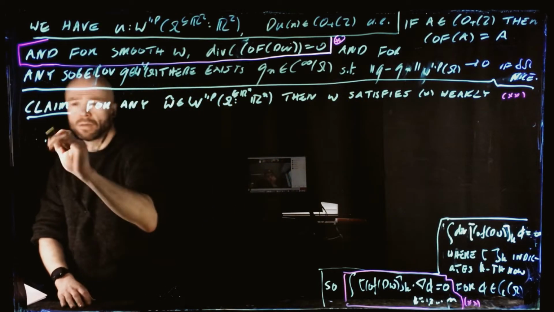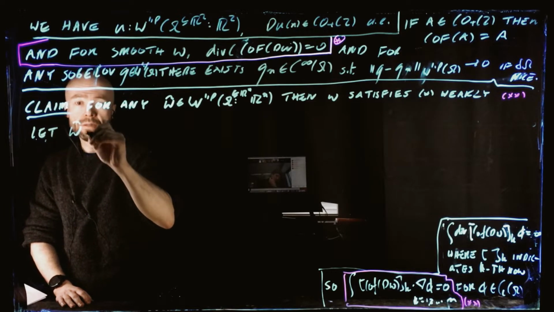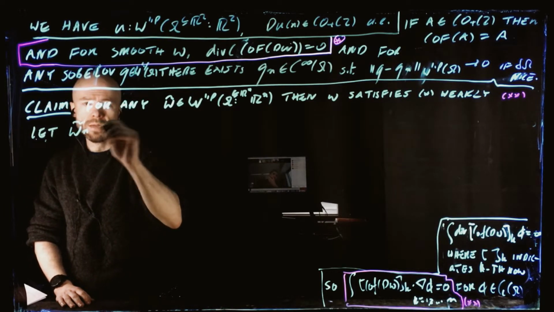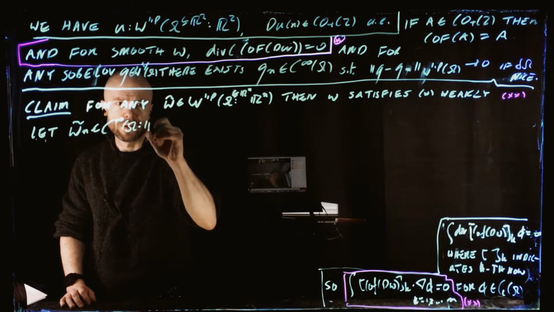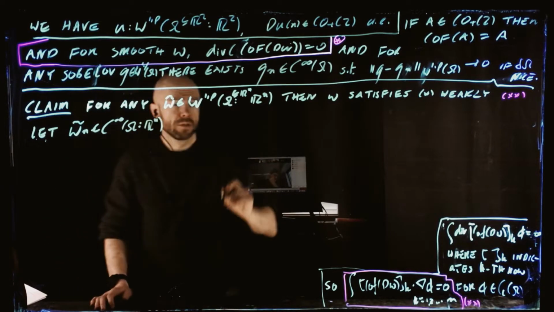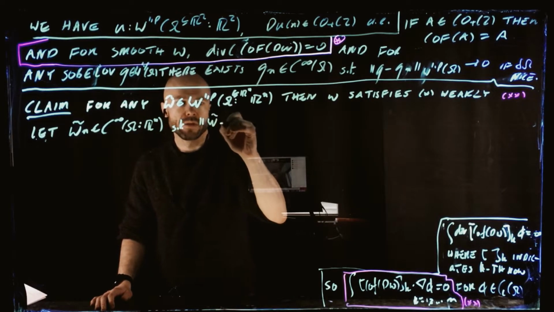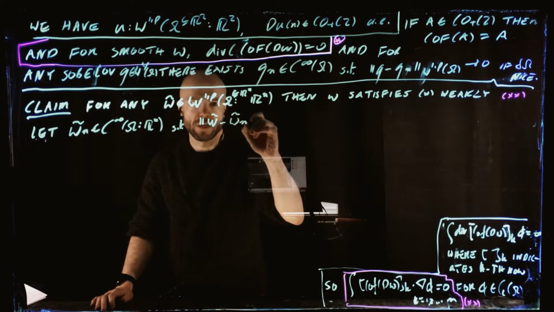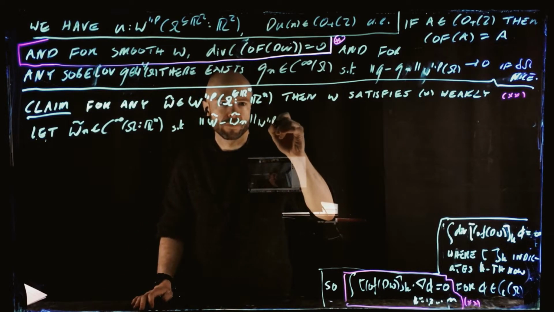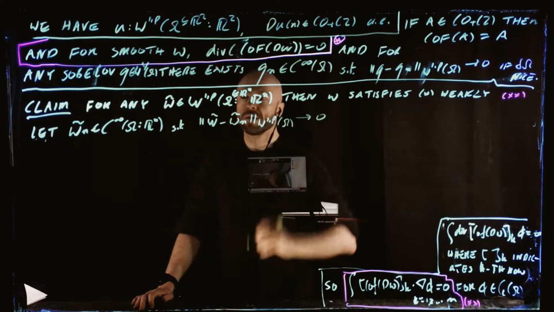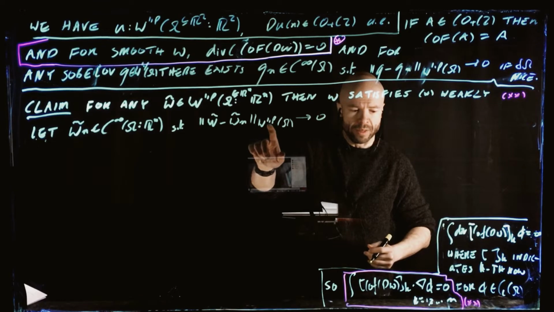Let W tilde_n belong to C^∞(Ω, R^n) such that W tilde minus W tilde_n in W^{1,p}(Ω) tends down to 0. And then we have that the gradients converge strongly in L^p, right?